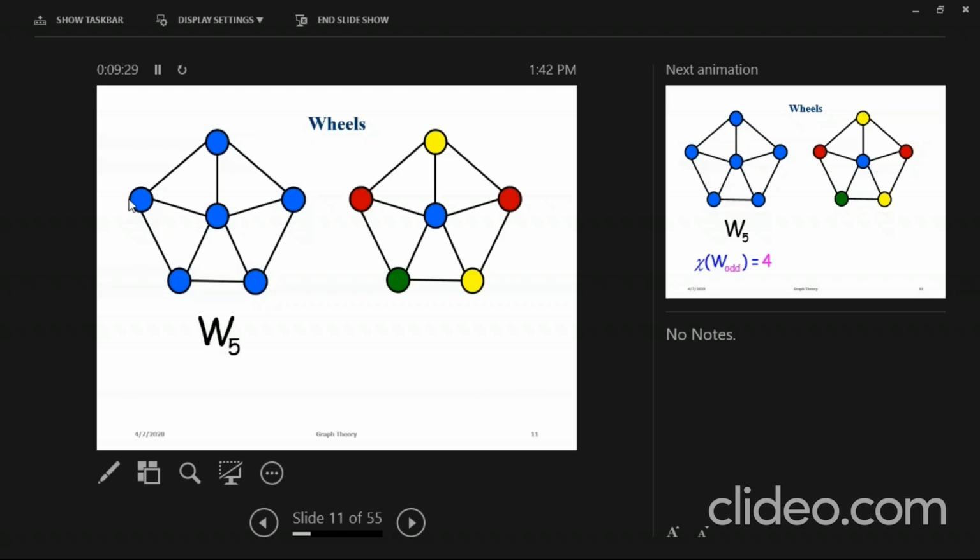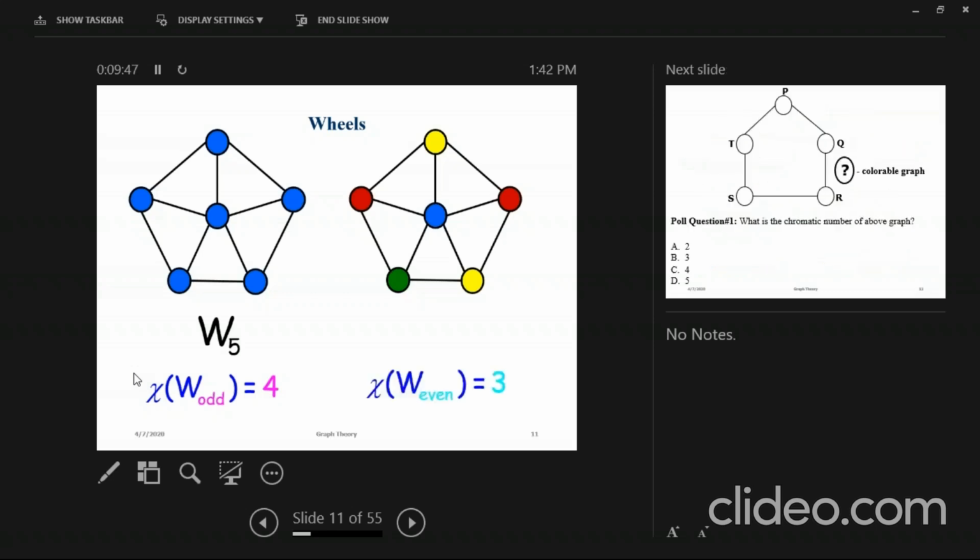Here we have utilized four colors, so we can write it in the notation format that the chromatic number of such a graph which forms a wheel with an odd number of outer vertices is four colors, and the chromatic number of a wheel graph with an even number of outer vertices can be colored with three.